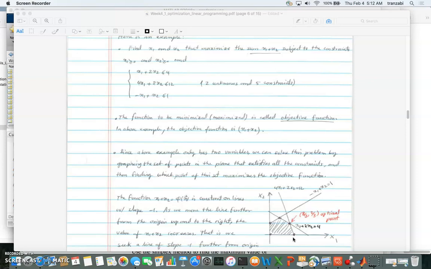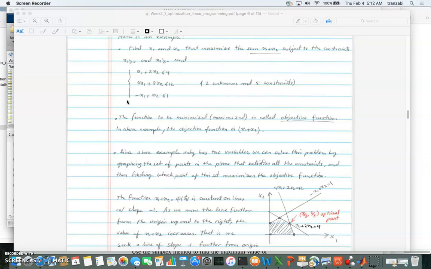By the way, linear programming is called linear because we are assuming that every function in here, the objective function and all of the constraints, are linear. Linear means you do not have multiplication of two variables like x1 times x2, or x1 raised to the second power, or x2 raised to the second power.